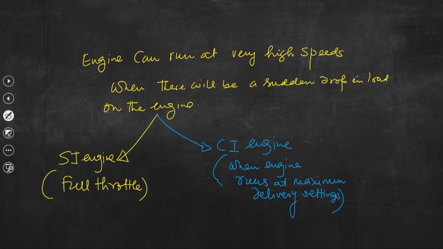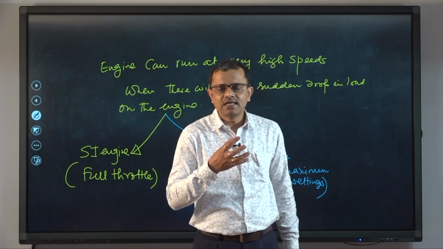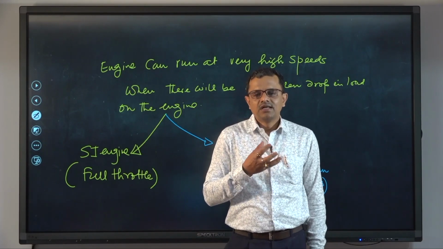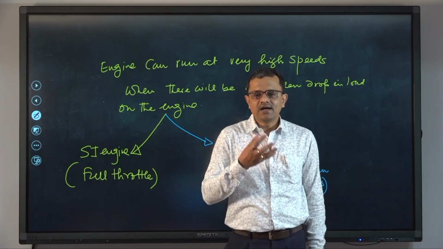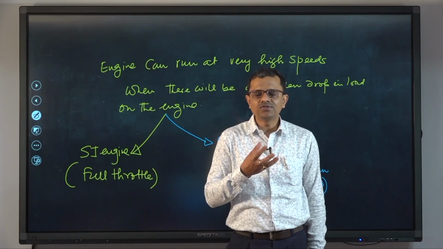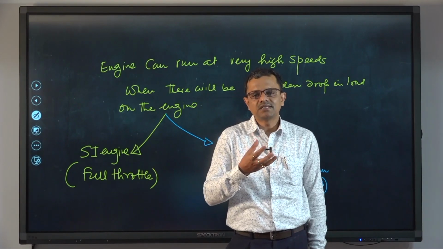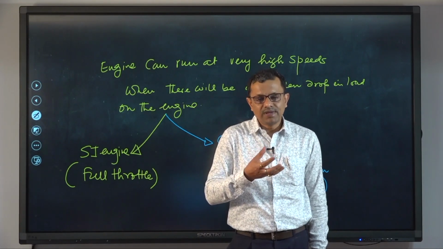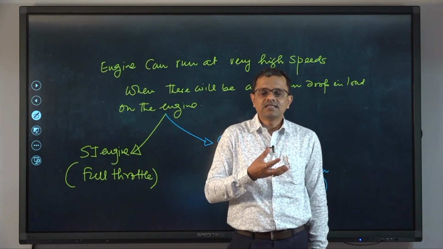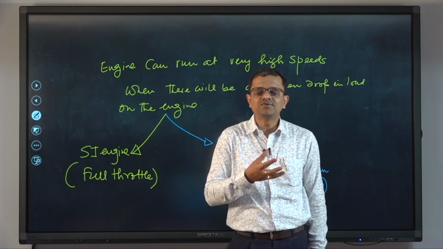So, let me tell you once again, for heavy or bulky engine rotating parts, when the engine attains very high speed, the inertial effect as well as centrifugal force of those rotating parts will be so high that those parts may become non-functional, and that high rotation, high centrifugal force and inertial effect may cause them to fly apart.